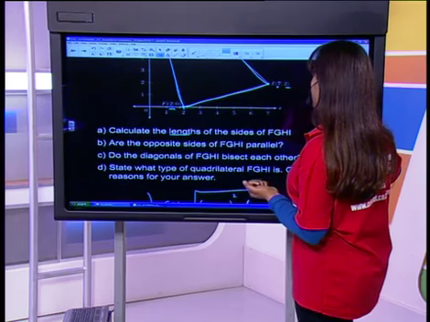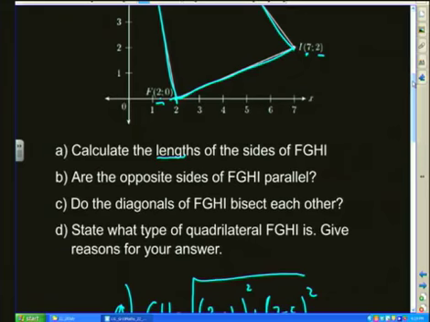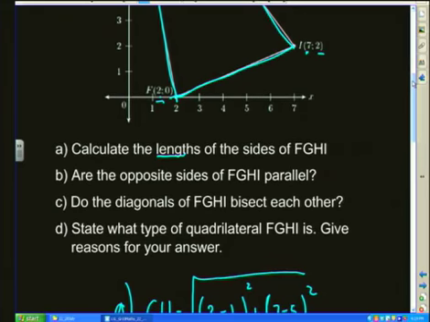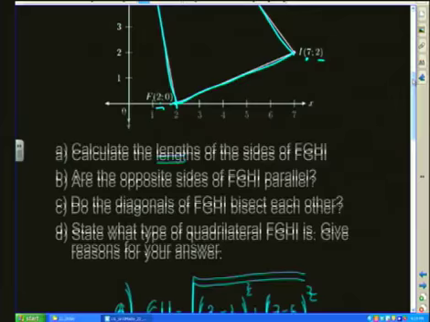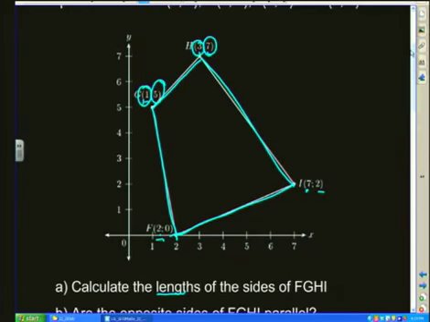And part B says, are the opposite sides of FGHI parallel? Well, we know they certainly aren't equal. Let's check out the parallel. Okay, so I'm going to do it up here. We've got the gradient of HG. Now remember, with your gradient, it's y2 minus y1 all over x2 minus x1.